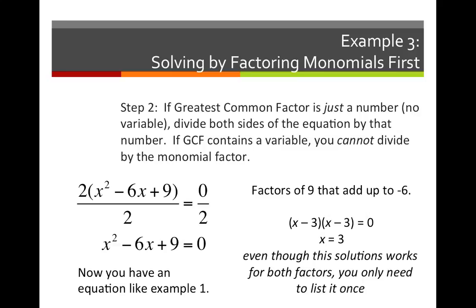Now in this case, each factor, when I solve for 0, gives me the same answer of x equals 3. And even though that is the case, we do not need to list the 3 twice. We just need to list it once. So this is a case where we only have one solution, and that solution is x equals 3.